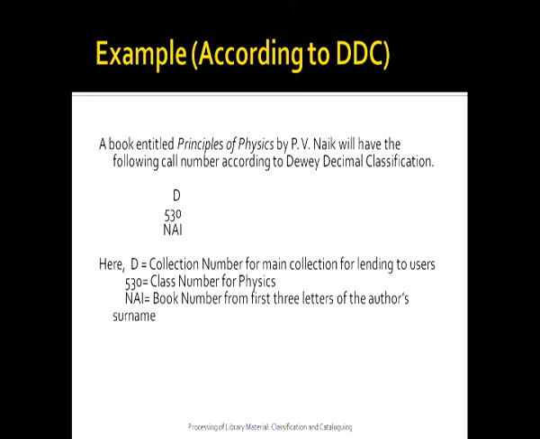Here D stands for collection number for main collection for users of the library, that can be books that can be lent to the users. Then 530 is class number for the subject physics, and lastly NAI, that is book number from the first 3 letters of the author's surname Naik. In many cases, the book number could also be according to the year of publication.